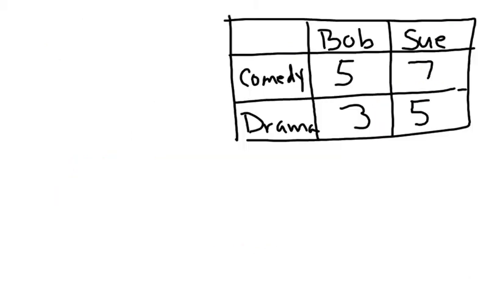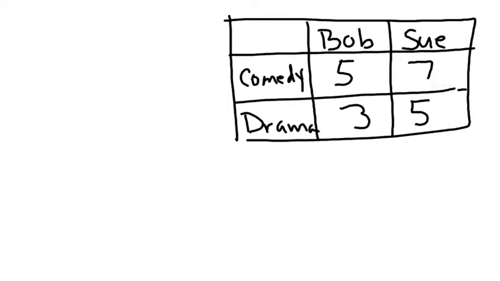Now, sometimes in ratio problems, they like to put a chart, and then they tell you about it. This one says, tell whose DVD collection has the greater ratio of comedy movies to drama movies. See, so when you read the chart, you have to say, well, Bob has 5 comedy and 3 drama, and Sue has 7 comedy and 5 drama.